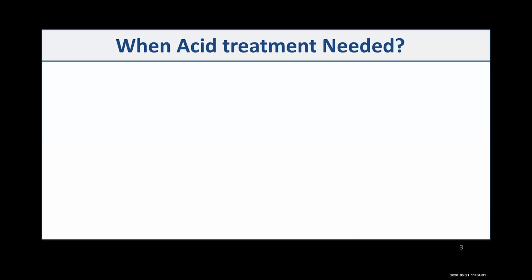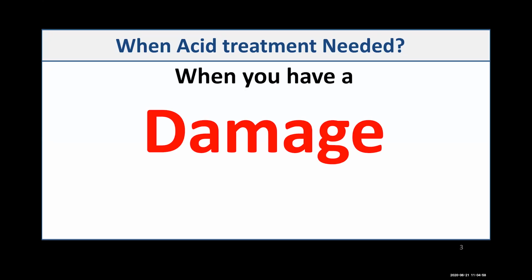However, the main question that you should ask yourself is, when is the acid treatment needed? Does my existing well need an acid treatment or not? A lot of people ask themselves this, and a lot of people need to know exactly when to apply acid to their wells. Acid, we do not pump it just to increase the productivity. No, we only pump acid when you have damage.